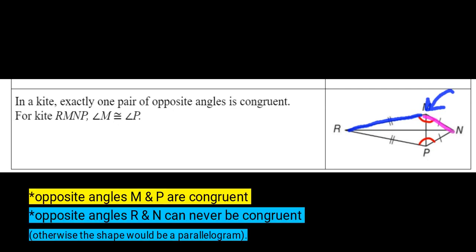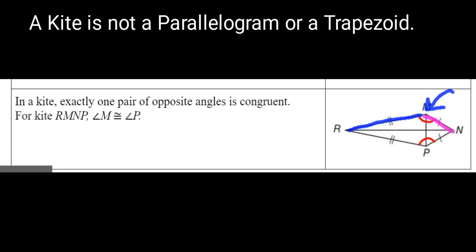M and P are congruent. R and N are never congruent because if you have M and P congruent and R and N congruent, then you're going to end up with a parallelogram, not a kite. So again, a kite is not a parallelogram, it's not a trapezoid, and for those reasons, you're not going to have the same properties. Okay?